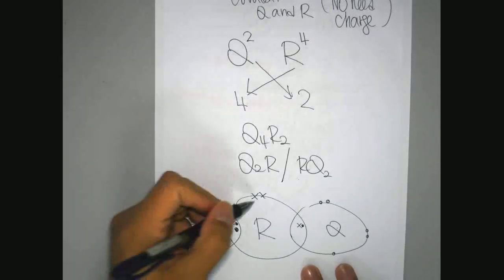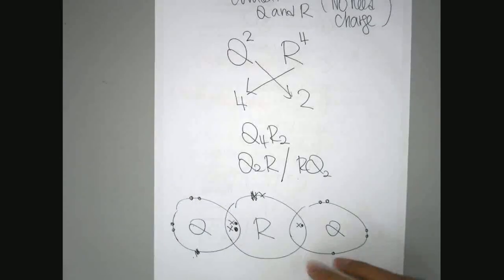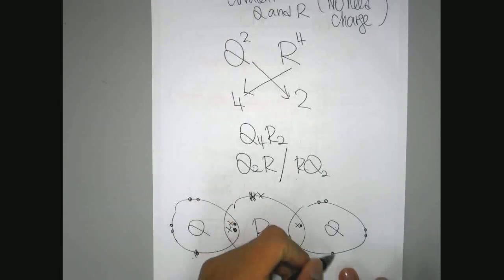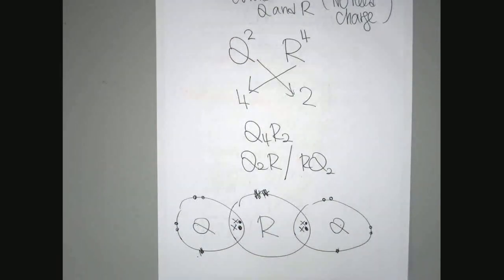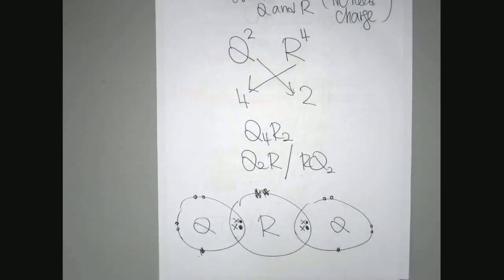The R will also follow the same thing, because remember, when it comes to sharing electrons, it must be fair and square. If the Q is contributing 2 electrons for sharing, the R must do the similar thing as well. Same thing goes for here. This Q also puts in 1 more electron for sharing, 6, 8, which is what we want. The Q here also 2, 4, 6, 8, which is what we want.